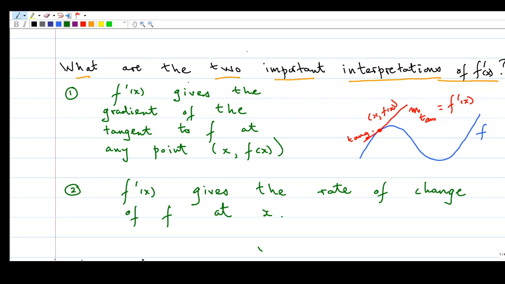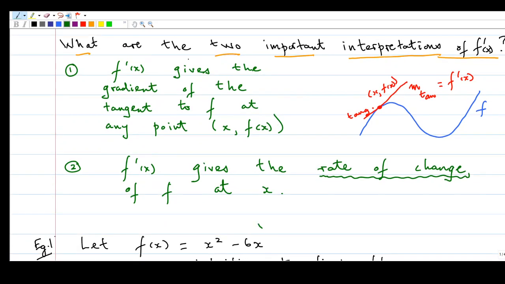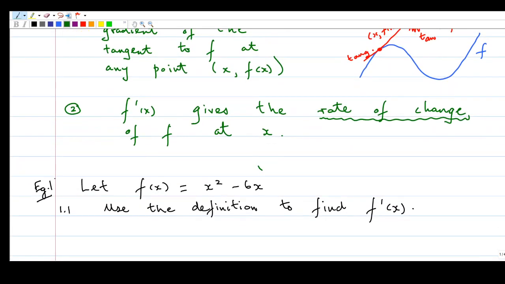Right. So the derivative can also be interpreted as the rate of change of the original function f at the input x. Let's look at an example.